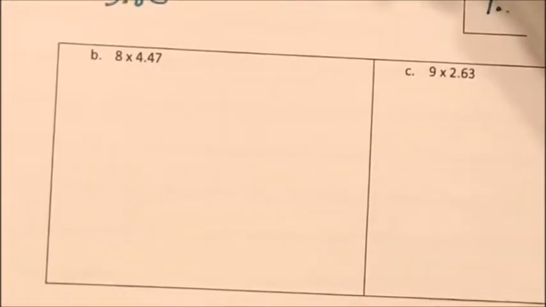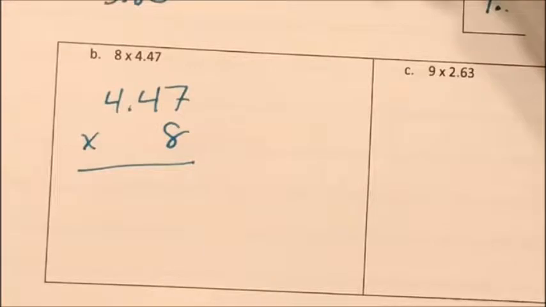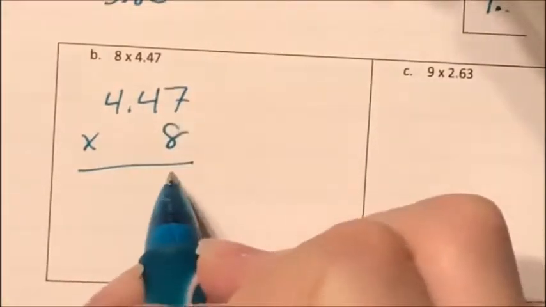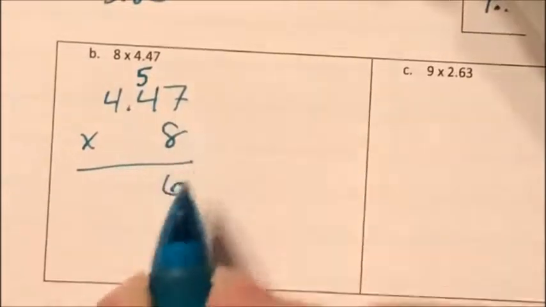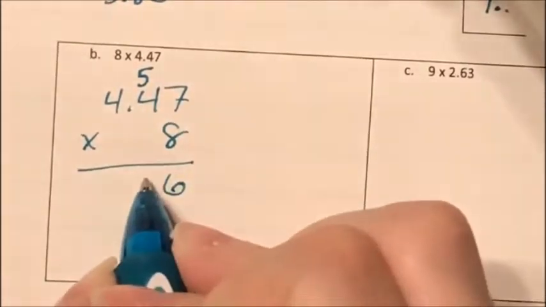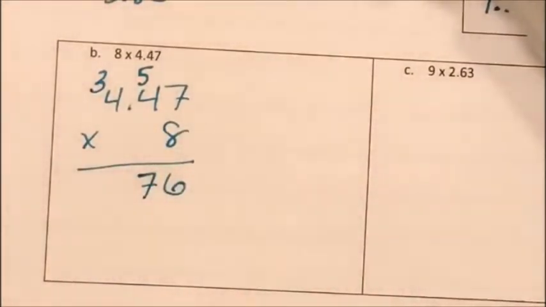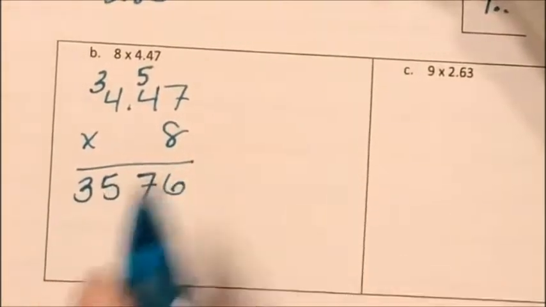Letter B says 8 times 4.47. So I'm going to take 4.47 times 8, and then I'm going to multiply. 8 times 7 gives me 56, so I carry the 5. 8 times 4 is 32, plus 5 gives me 37, carry the 3. 8 times 4 is 32, plus 3 gives me 35.